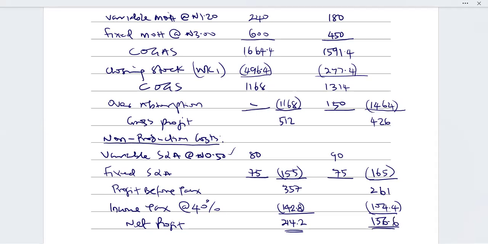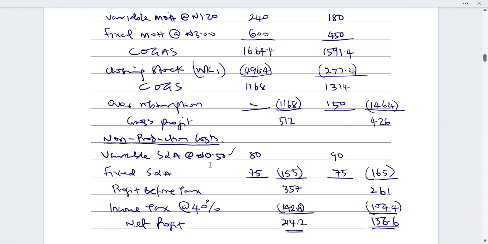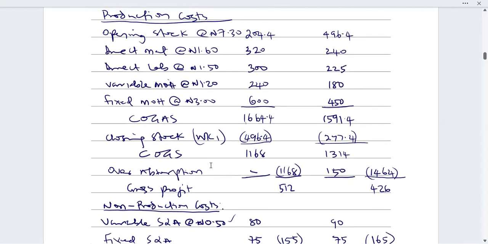So this represents the net profit for 2009. So we have completed the absorption costing method. Let's go to the variable costing method according to the question. Let me know if you have any question before we proceed.